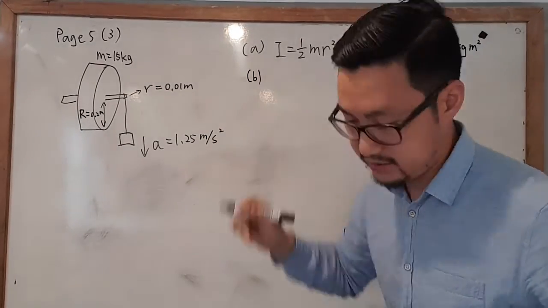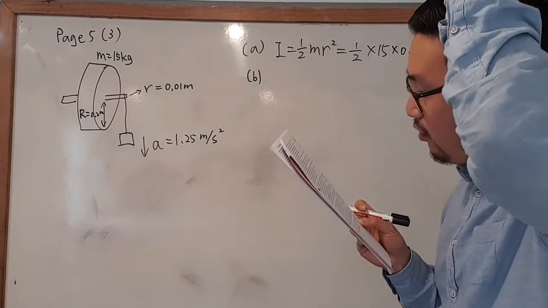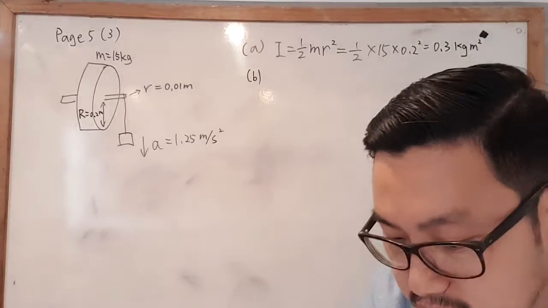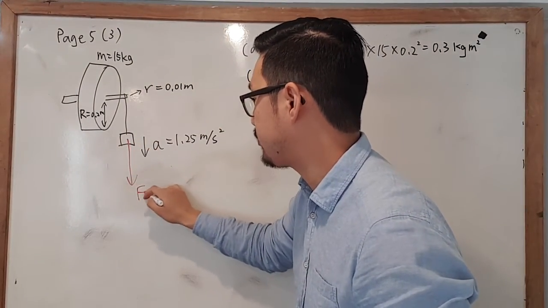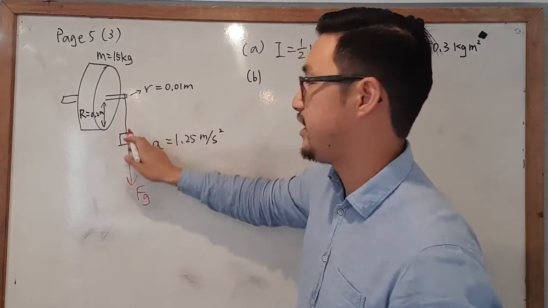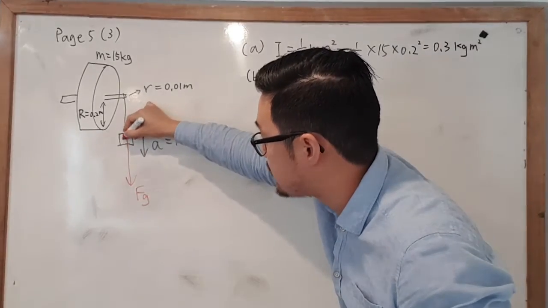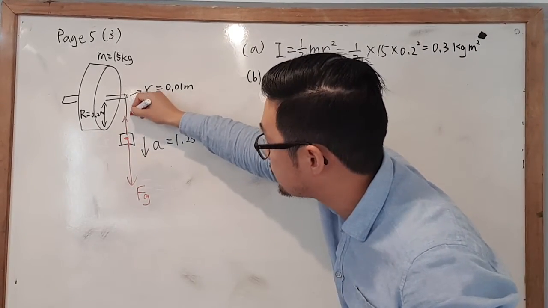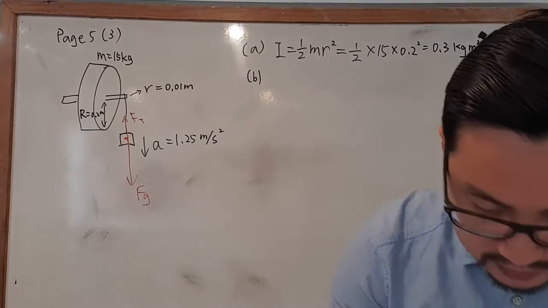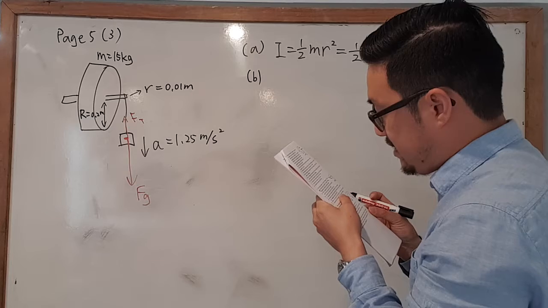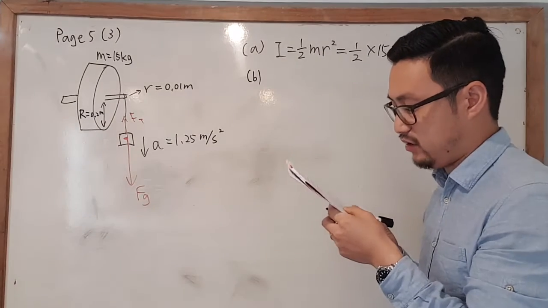Then question B: draw a diagram showing the forces acting on the load while it's falling. The load has gravity going downwards and a tension force going upwards. Because the object is accelerating downwards, the tension force will be a bit smaller. Question C: draw a diagram showing the forces acting on the wheel and axle while the load is falling.